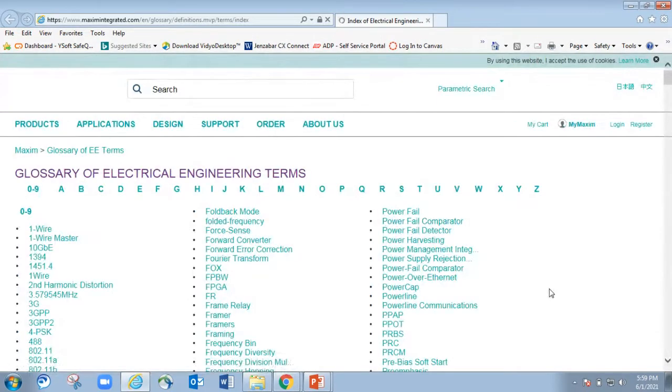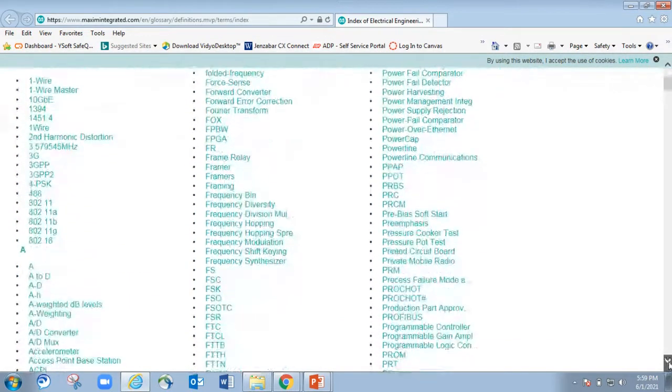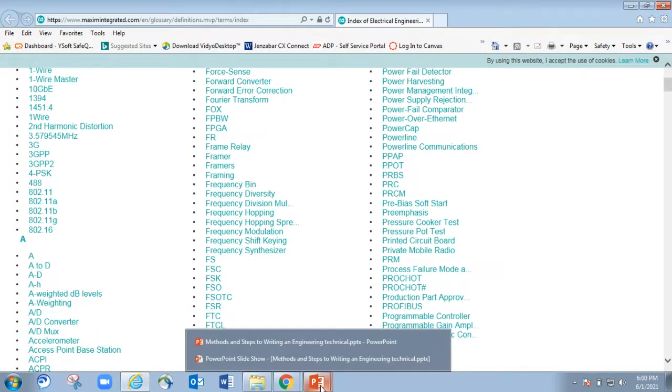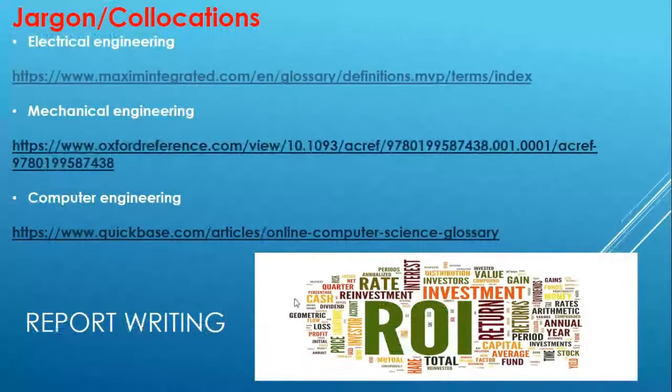All you have to do is check the glossary of electrical engineering terms. Look at how many terms you have, and each has a definition. I would suggest that you always have a glossary and talk to your professors, because I'm sure your professors have given you a glossary of engineering terms.